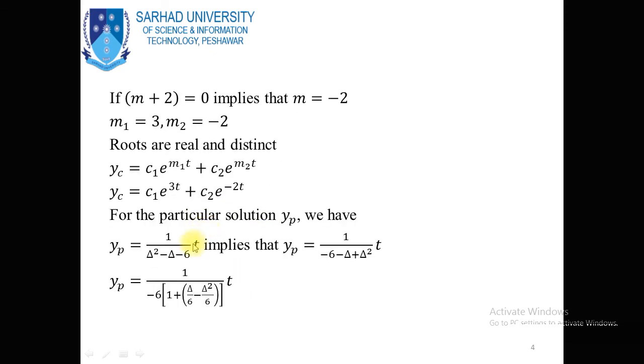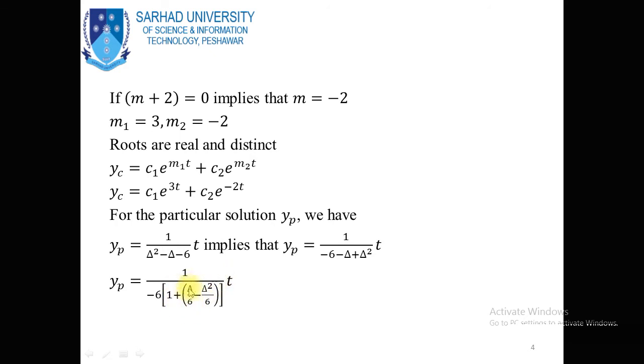Now t is a polynomial, so when we apply the inverse operator on a polynomial, we have to use the binomial theorem. Taking the lowest degree term common, minus 6 into 1 plus del by 6 minus del square by 6 into t.